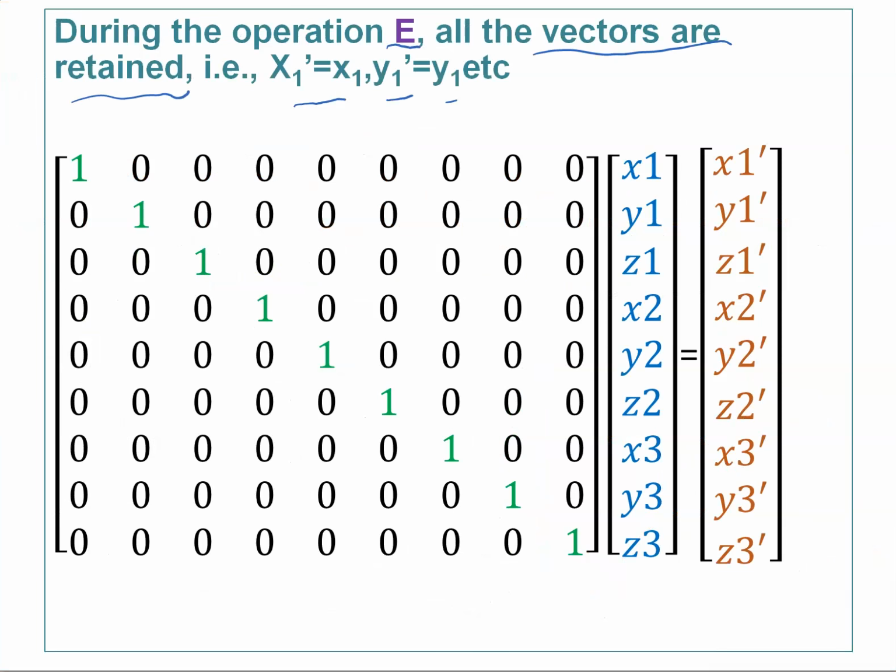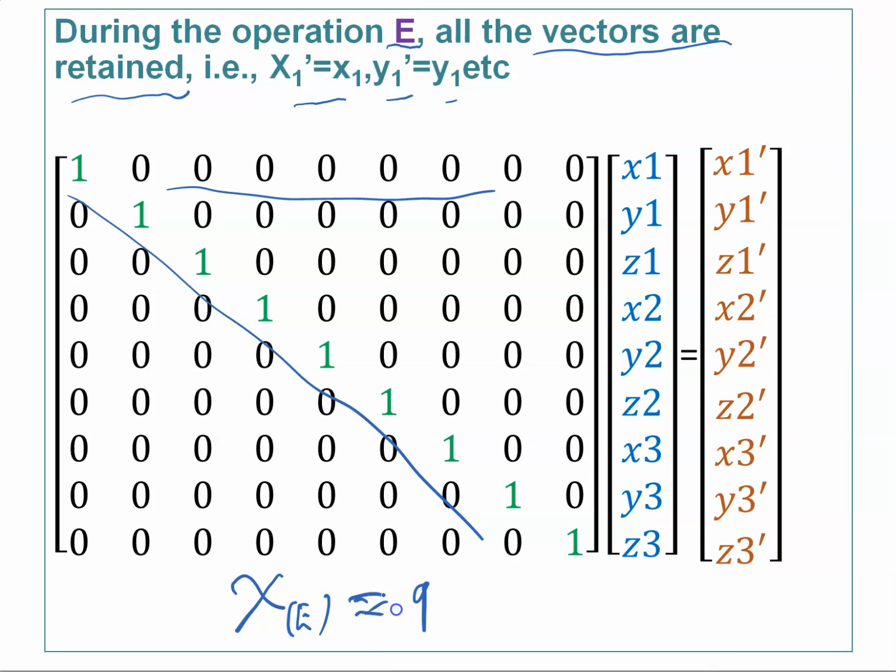Then the matrix will be a diagonal unit matrix. We get a 9-dimensional unit matrix. All the non-diagonal elements are 0, only diagonal elements are 1. Therefore, the character of E is equal to 9. That is for operation E.